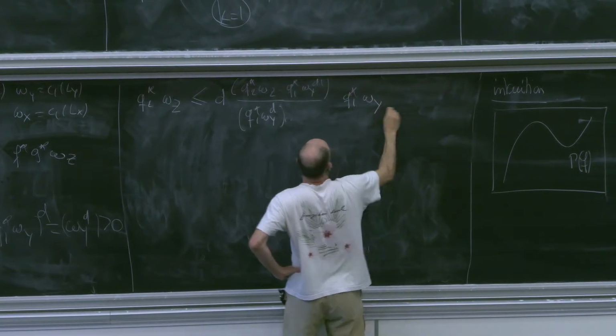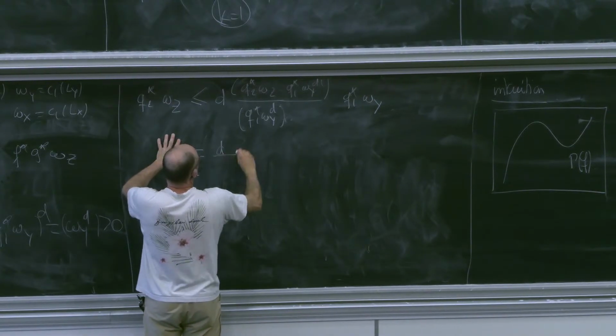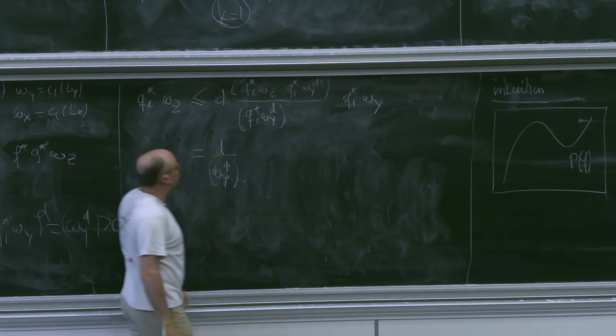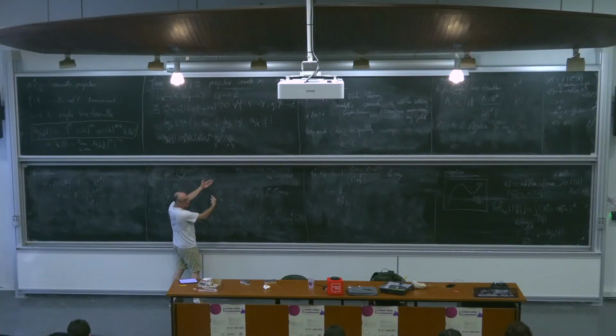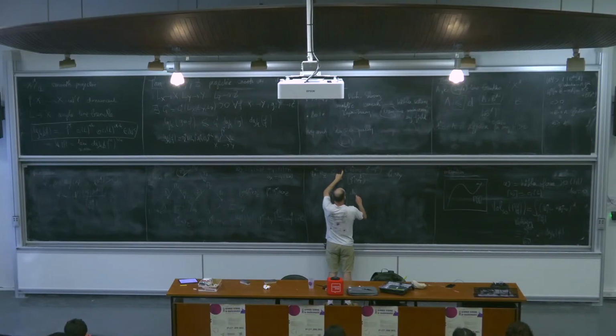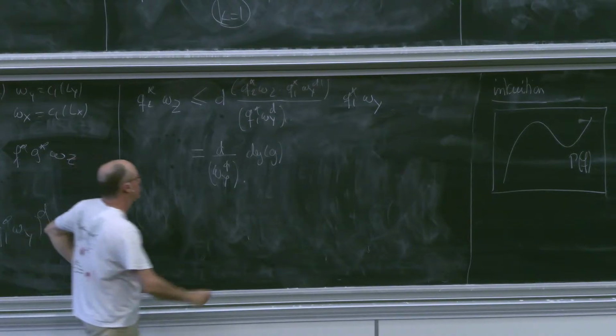So it's d divided by some constant. And here what you recognize is that you're pulling back this form, and pulling back d minus 1 times this form. So this is exactly my definition of the degree of G with respect to all this polarization. Ah, great.